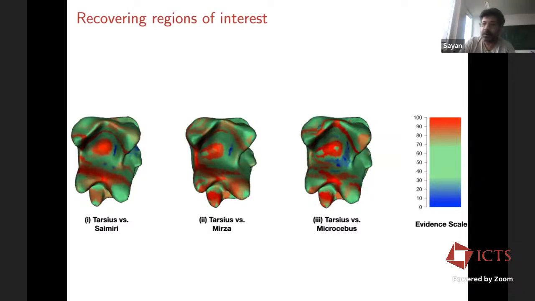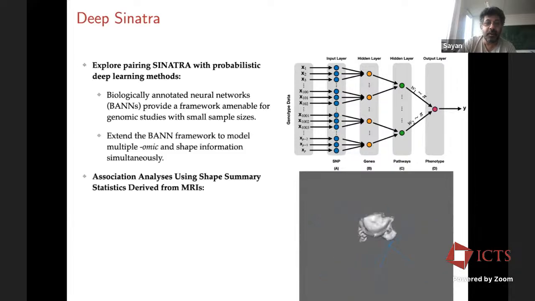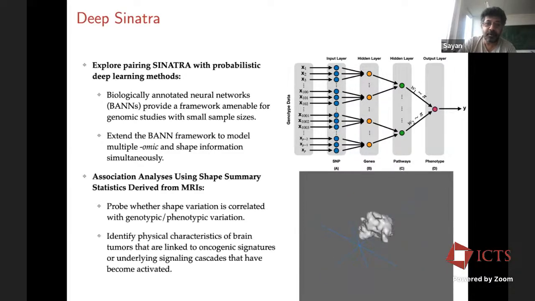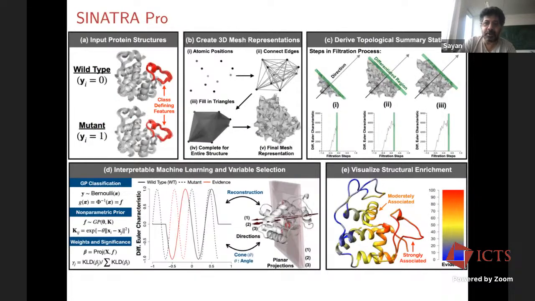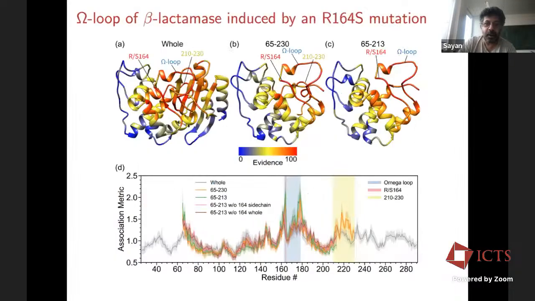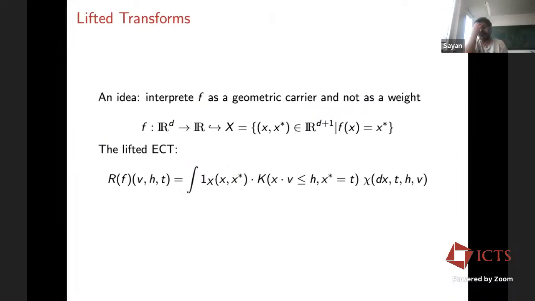So in the last 5 minutes, I'm going to go a little bit fast and tell you we've done the same thing using deep neural nets. We've also done this for protein structure. Slight variation, but again, we can tell you what parts of protein structures are different. We've done this with soft tissue. And the basic idea with soft tissue is that you do a double filtration.